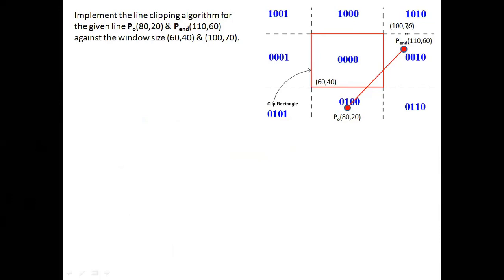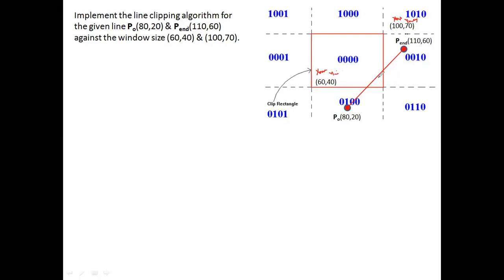So this is x max, y max. This is x max, this is x min, and this is y min. By applying this you will perform the OR operation.